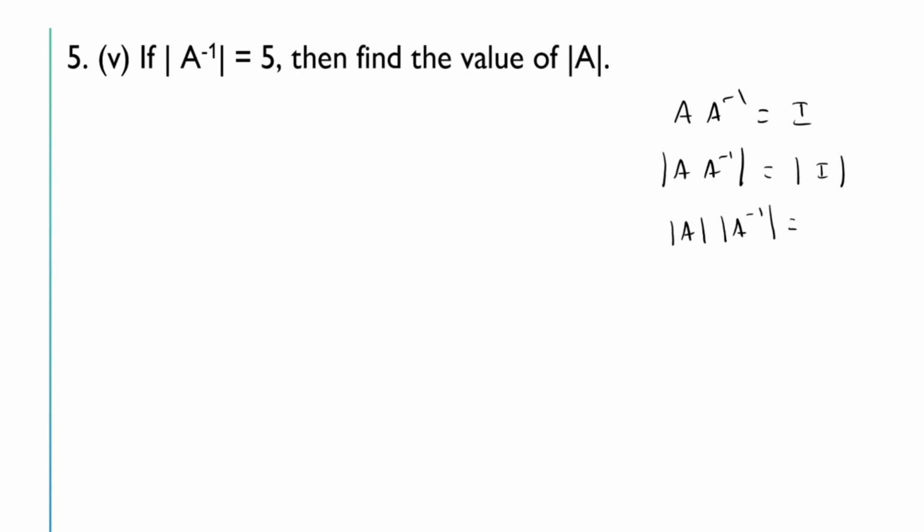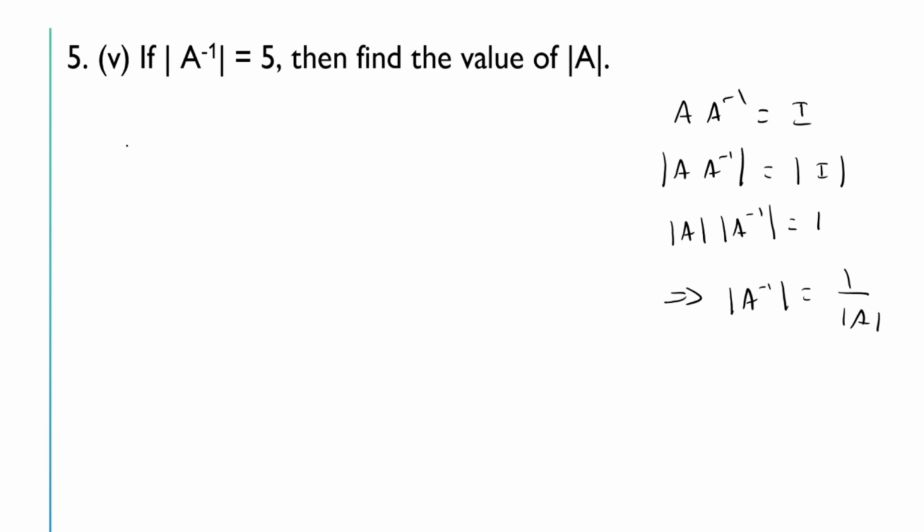We can write this as determinant of A into determinant of A inverse, and determinant of the identity matrix is 1. So from this we have determinant of A inverse is equal to 1 by determinant of A.